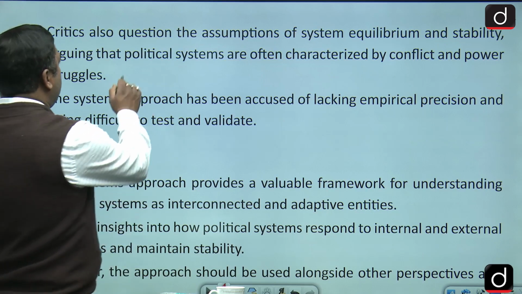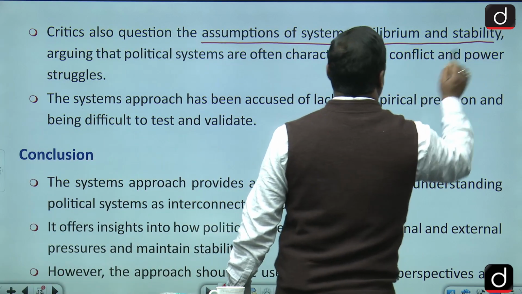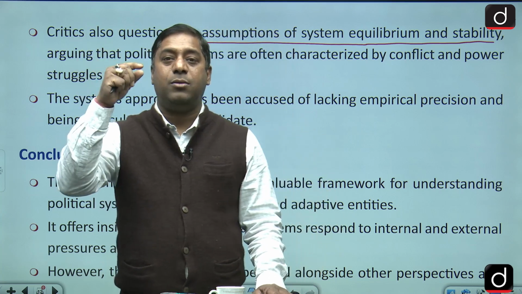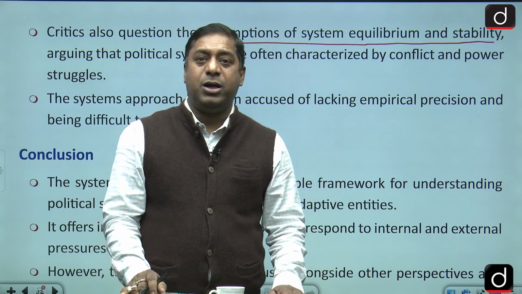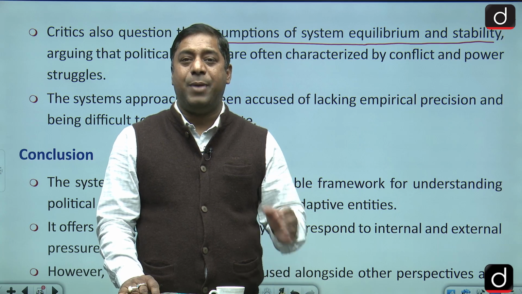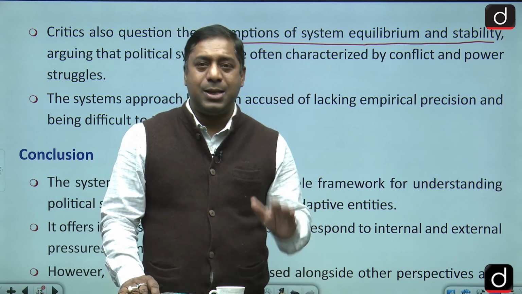Then they also criticize the assumption of system equilibrium and stability. System equilibrium and stability means what? Easton talks about the stresses, whether demand stress or support stress, and he says that there should be a balance. We should try to make balance of it. Adjustments करने चाहिए.